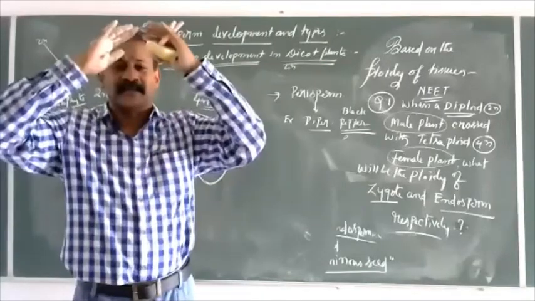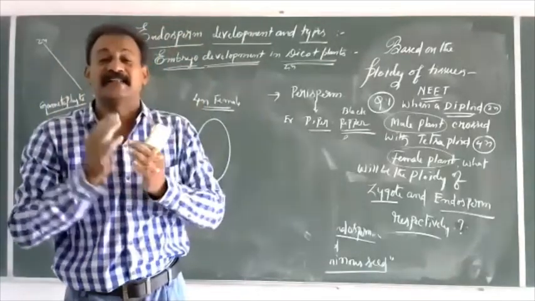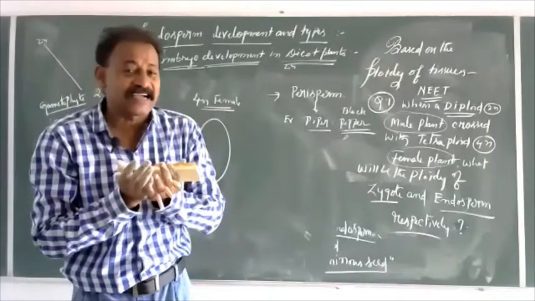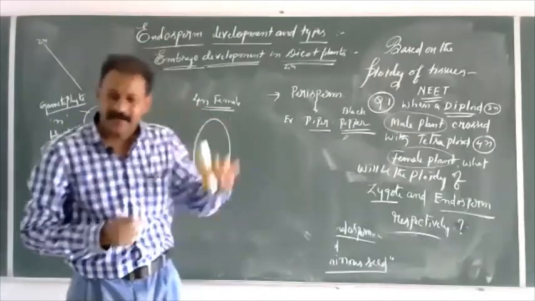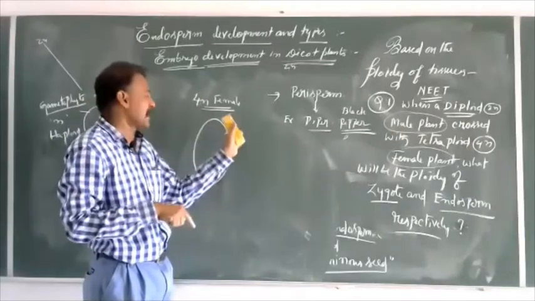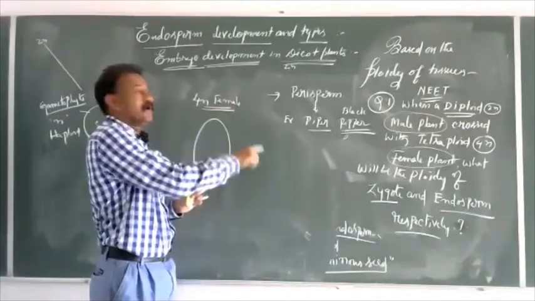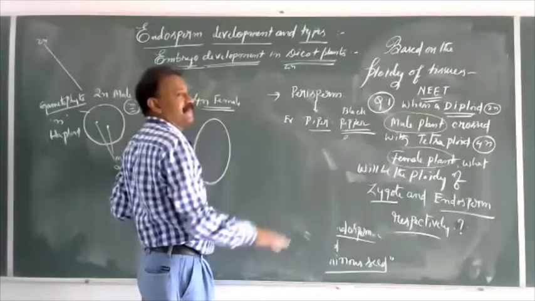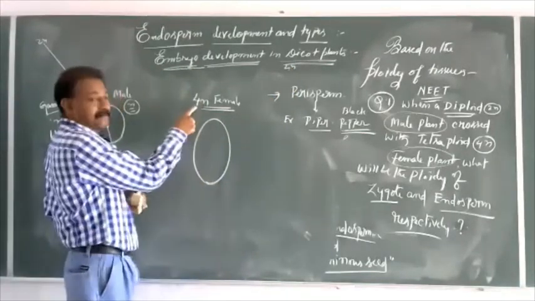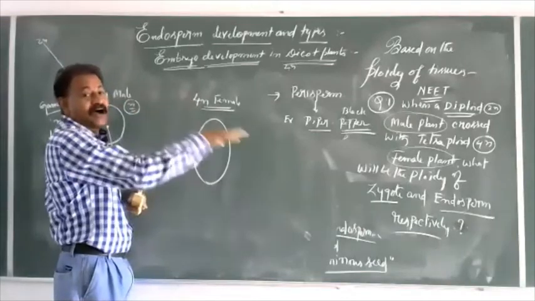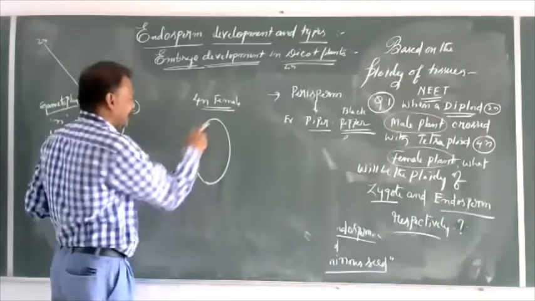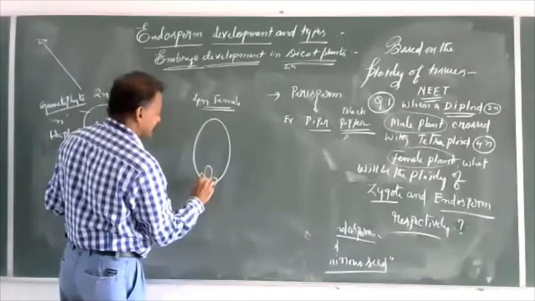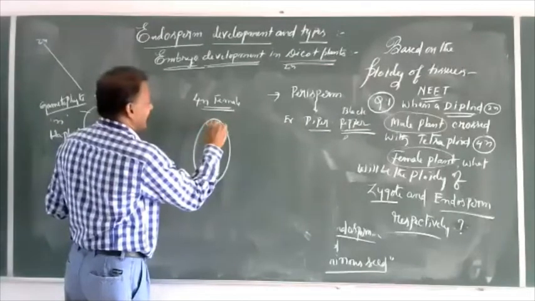It undergoes 3 mitotic divisions and is organized to form the embryo sac, or female gametophyte. Even though it has so many cells, it is considered haploid only. So when a diploid is there, haploid is half. But here a tetraploid is there, so half should be diploid. So here: egg, synergids, antipodals.